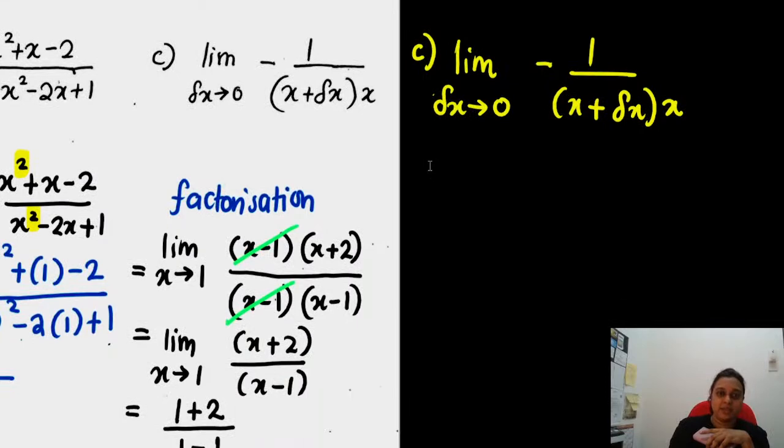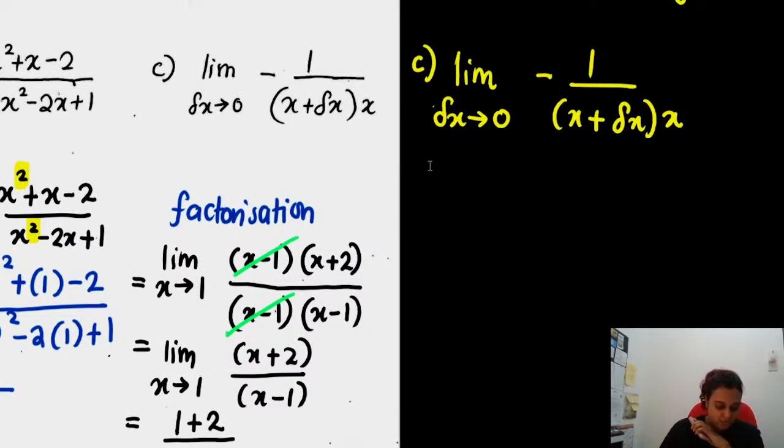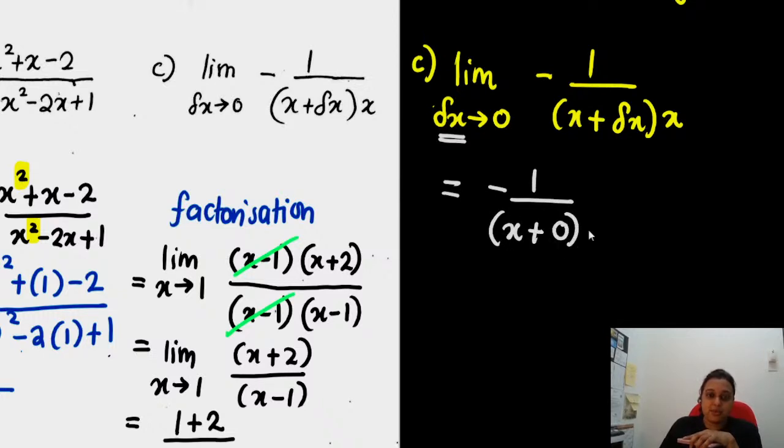So that is delta. Now let's look at how to solve this. Your delta x is the one you must substitute as 0. If this is delta x, you must substitute delta x as 0. Don't substitute the x as 0. So let's substitute negative 1 over x plus 0.